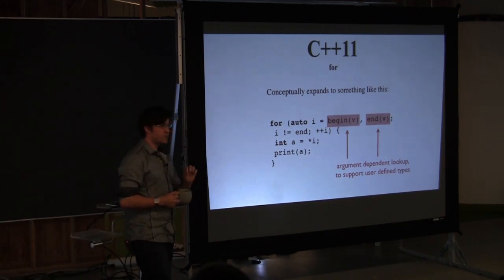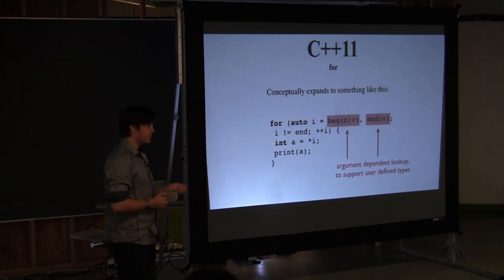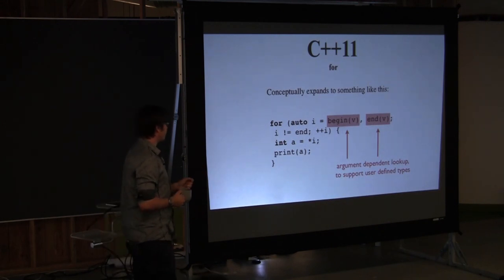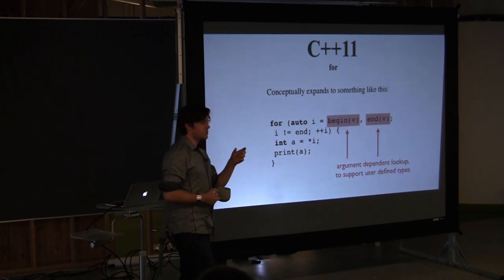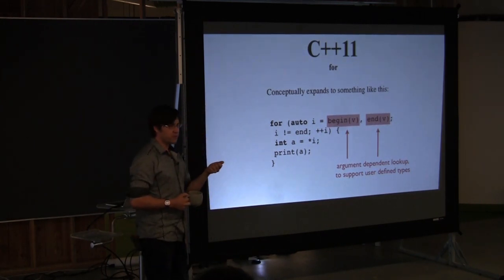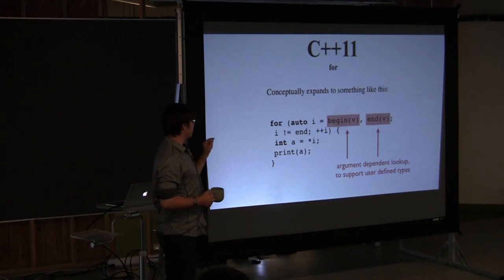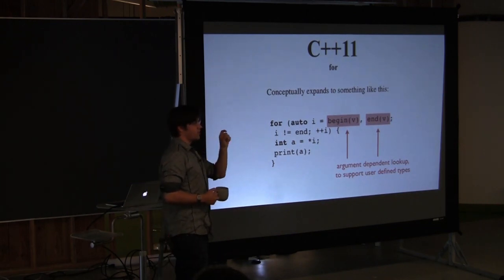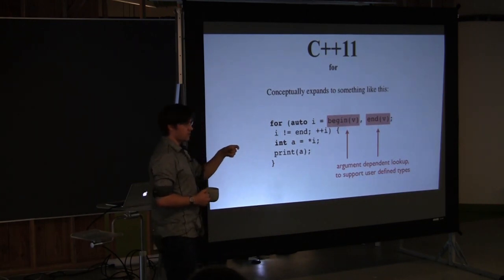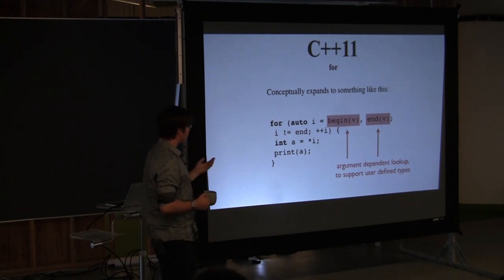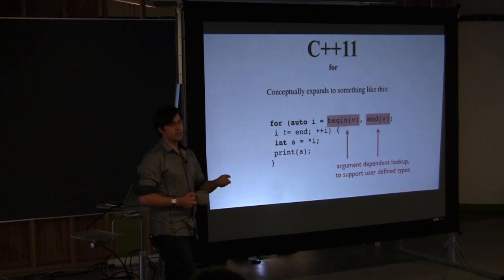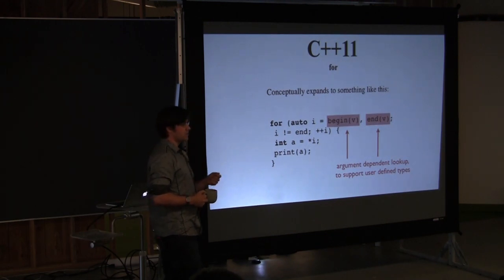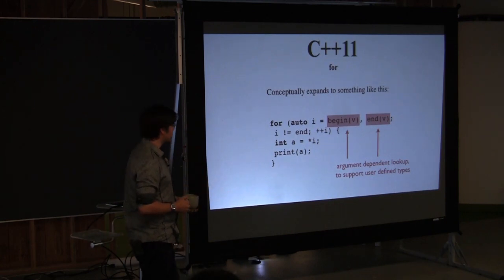There's this excellent feature in C++ called argument-dependent lookup that is very well thought through, which says that when you try to find a function, if you have multiple overloads of a function, you first look in the same namespace as the arguments that you're calling. This essentially was primarily introduced for operator overloading. If you write your own type in your own namespace and you want a plus operator on it, you want your plus operator to be the one that's found first, not someone else's plus operator.